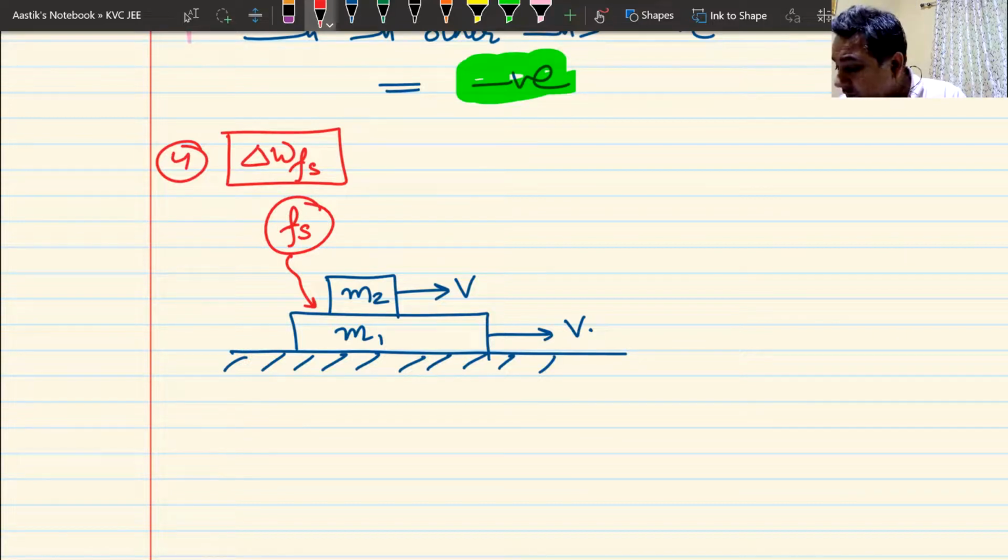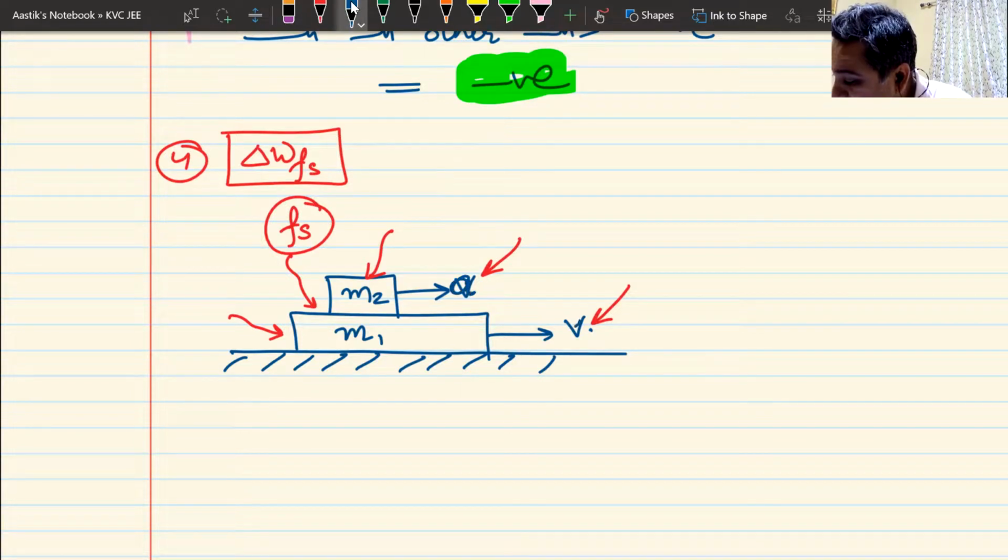And hence, work done by friction on this block as well as work done by friction on this block, if you add it, it will always come as 0. Because whatever is the motion of this block, the same will be the motion for this block. They will move together, whether with the same velocities or the same acceleration.